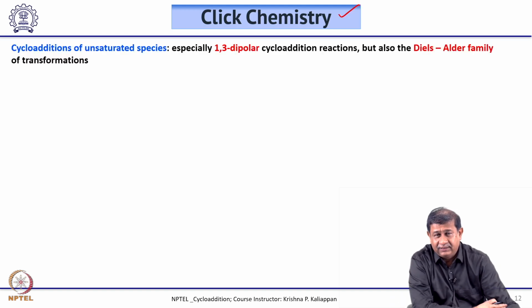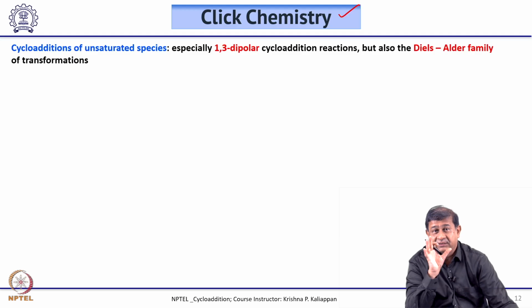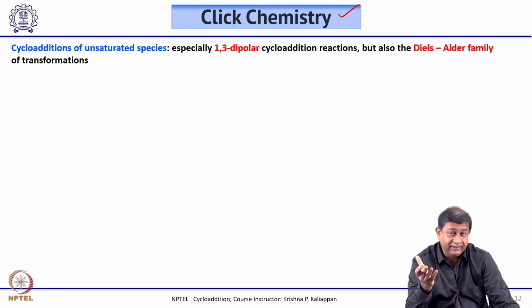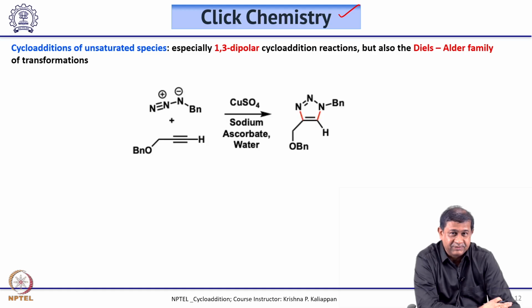Actually, there are many reactions which come under click chemistry. Since we are talking about only cycloaddition, we will restrict ourselves to cycloaddition. Even the Diels-Alder reaction can come under click chemistry, and 1,3-dipolar cycloaddition between alkynes and any azide is also called click chemistry.